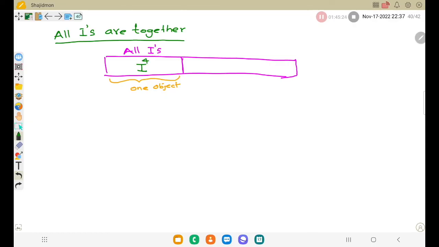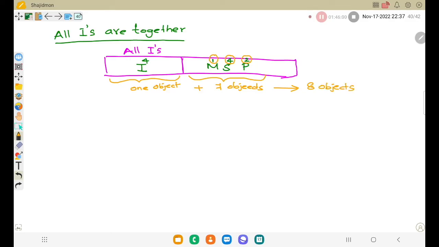Now what are the other letters? M coming 1 time, S coming 4 times, P coming 2 times, correct? These are the other letters. So totally how many objects are there? All I's together, one object we are taking. So the remaining are 1, 4, 2, that is 7 objects. So 1 object plus 7 objects means 8 objects.